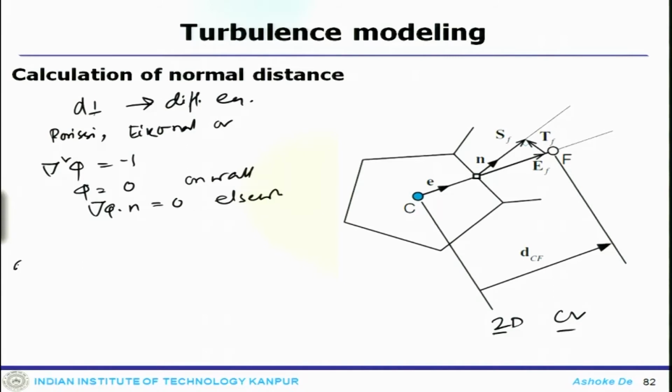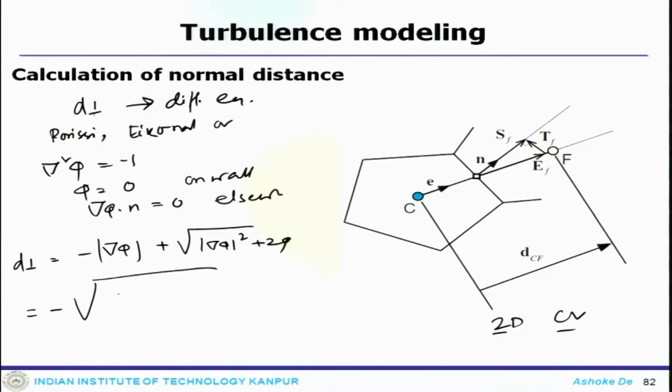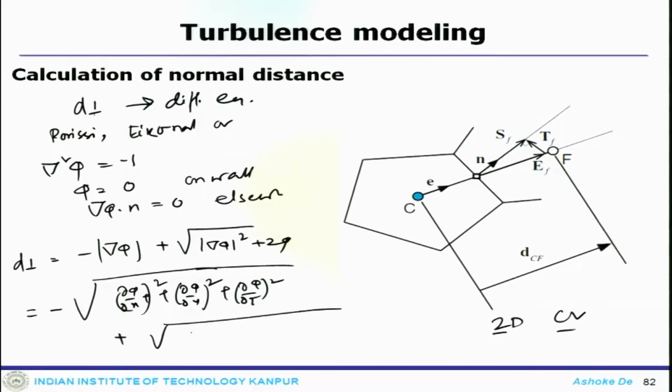Then the normal distance can be calculated as minus the magnitude of del phi plus the square root of the magnitude of del phi squared plus 2 phi, which is minus square root of (del phi by del x) squared plus (del phi by del y) squared plus (del phi by del z) squared, plus the square root of (del phi by del x) squared plus (del phi by del y) squared plus (del phi by del z) squared plus 2 phi.